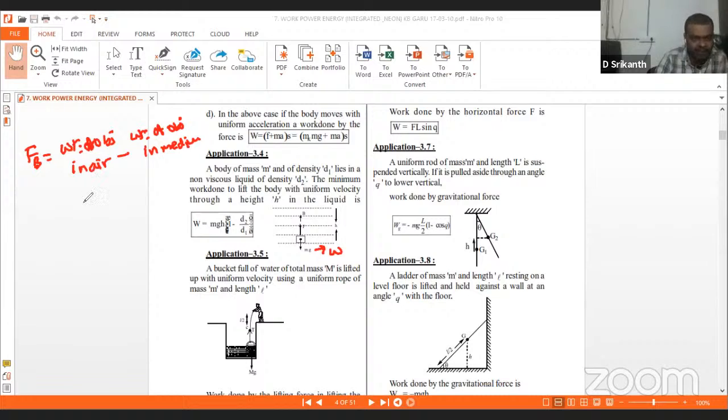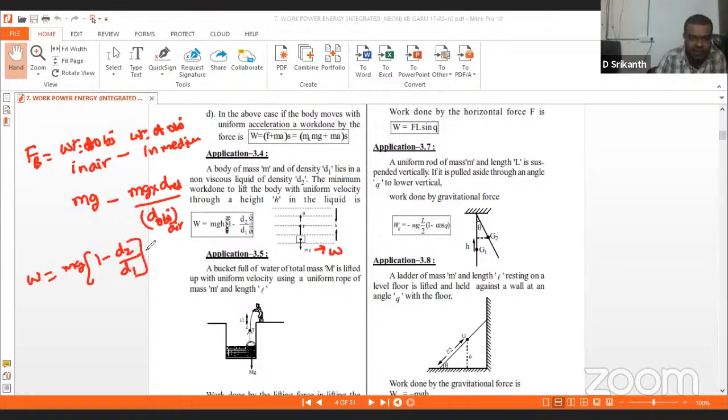Weight of object in air means mg, minus weight of object in medium, means mg times density of the medium by density of the object in air. So work done is equal to mg times density of the medium, it is d2, by density of the object d1, into h.